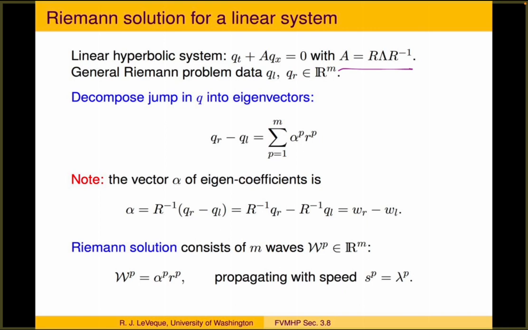Then we can take the jump in Q and decompose it as a linear combination of the eigenvectors, and once we've solved that, the Riemann solution consists of M waves, which we'll call WP. Each of these is a vector with M components that represents the jump in Q across that wave. The jump in Q across the pth wave is just the scalar alpha p that comes out of solving this linear system, the pth component, multiplied by the eigenvector Rp, and that's the wave that's propagating with speed lambda p.